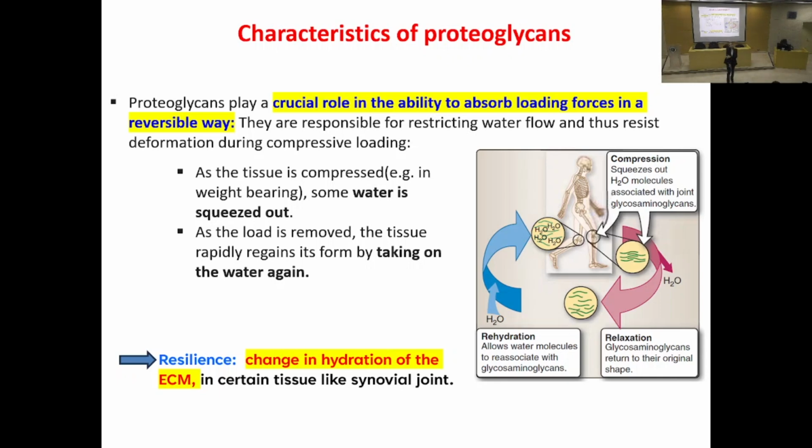So imagine this joint as a sponge filled with water. Sponge, filled with water. All right? You have it, for example, in your knee. So when you walk or when you jog, for example, and you press on your right leg, what will happen? All the pressure will come on your right knee, right?